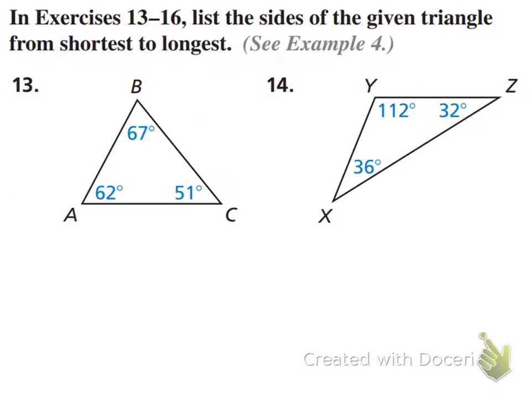Perfect. This next one, please do them one at a time. It's just a lot for me to read because there's a lot of letters. You're listing the sides from shortest to longest.